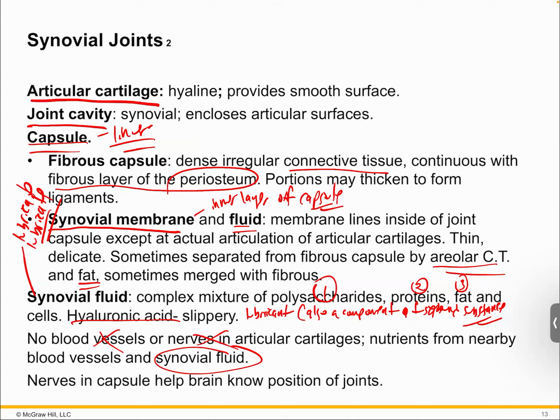So not only do you have lubrication in the synovial fluid, you also have nutrition. You can imagine this encapsulated connection between two bones, both tipped in articular cartilage, and filling that space is a very lubricant-rich fluid with lots of nutrients in it to basically grease the sled, so to speak. Okay.